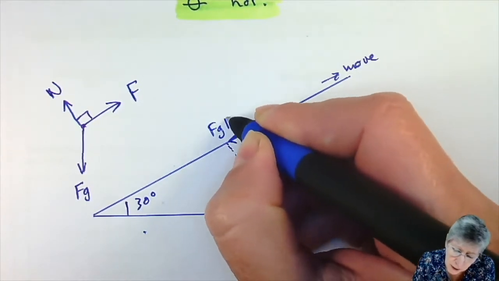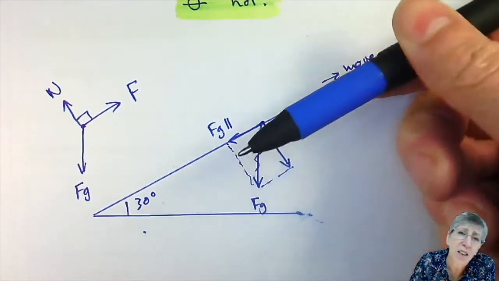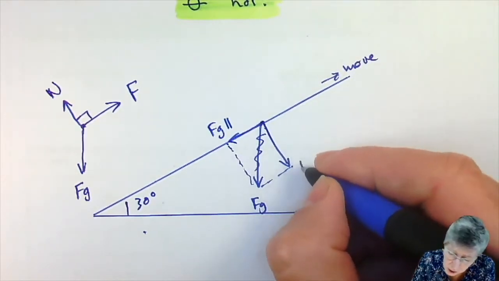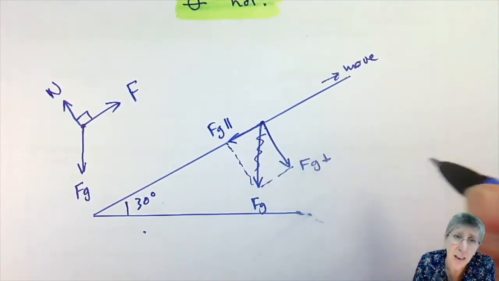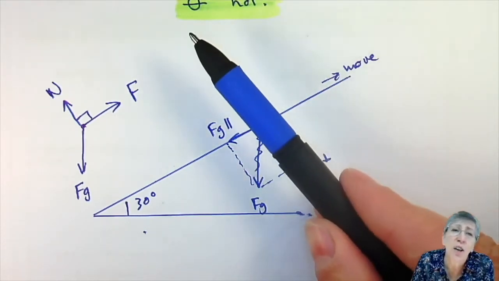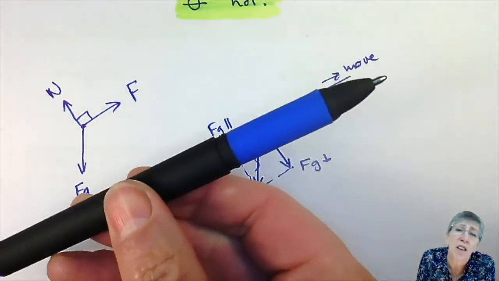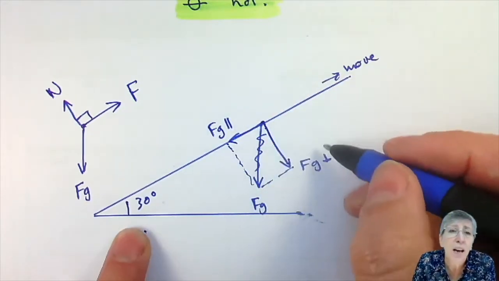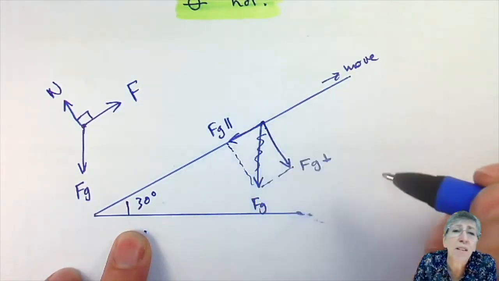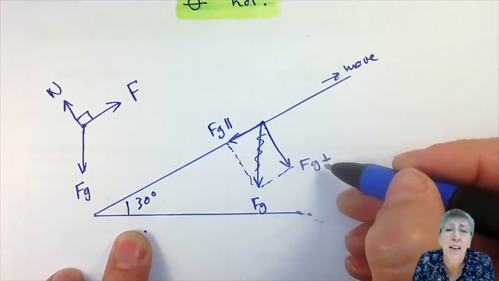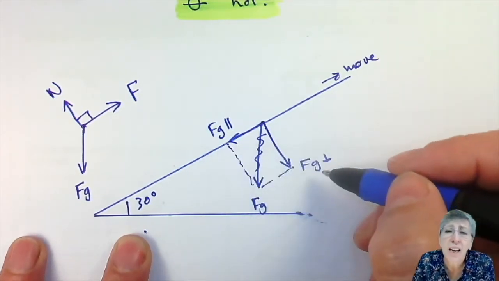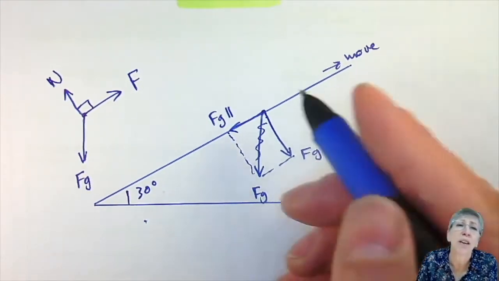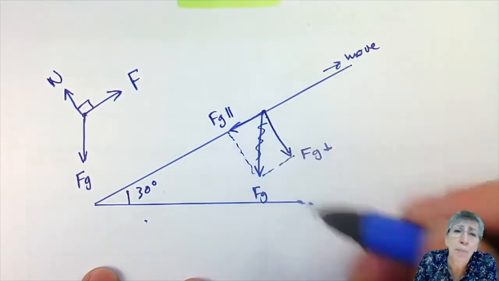This component parallel, because that's going to tell me about the movement, and the other one, FG perpendicular, because that is not going to directly influence the movement. So we now have F gravity parallel and F gravity perpendicular. I don't want an X and Y again, because then you get confused with the horizontal surface, so we're looking at parallel and perpendicular.